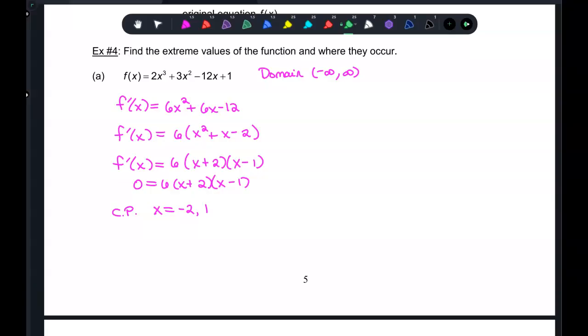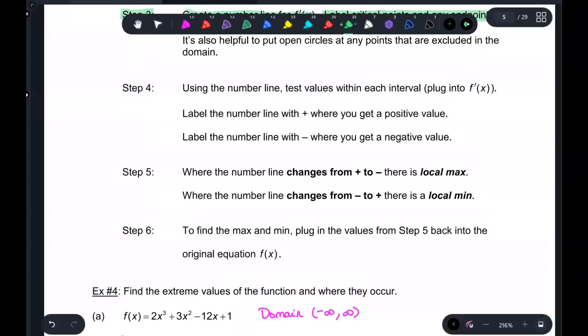Is there going to be an absolute maximum or minimum in a cubic function? No, it goes like this. So I'm looking for any extreme values. I can't have an absolute maximum or minimum because I don't have a closed interval. So you don't have to plug in f of -2. Not yet. We're doing step 3 now.